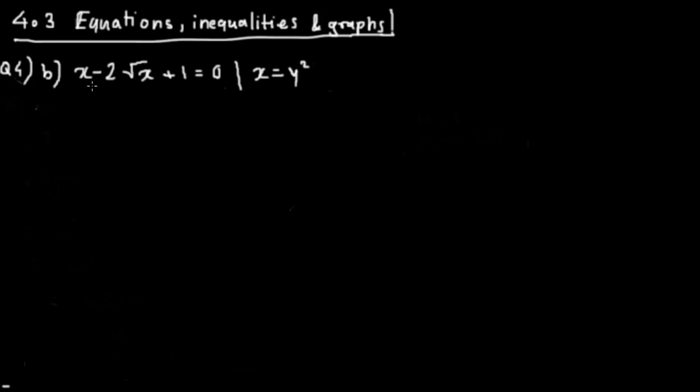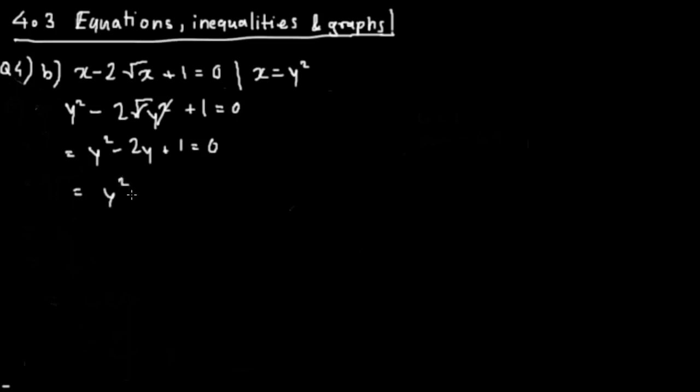So y squared minus 2 into y squared plus 1 is equal to 0. This is already in a quadratic form. So this is y squared minus 2y plus 1 is equal to 0. Right?